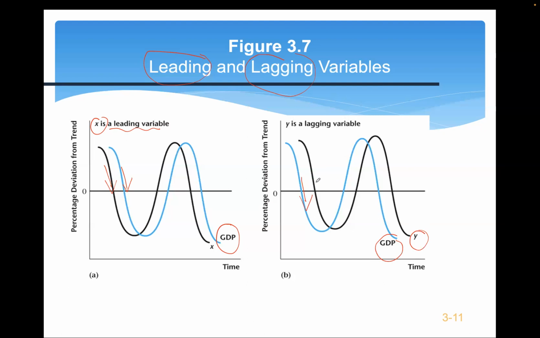When GDP falls, Y is going to fall just a few months or maybe a quarter later. When GDP rises, Y is going to rise as well in a short period of time, right? To summarize, for two variables, either it's a leading or a lagging variable.